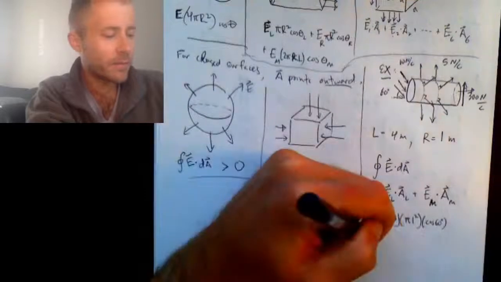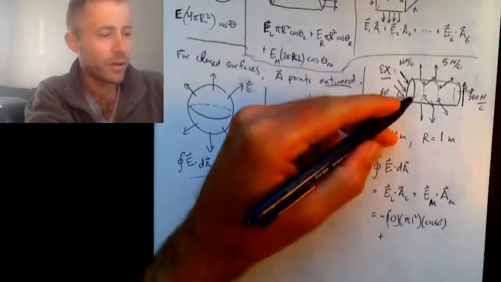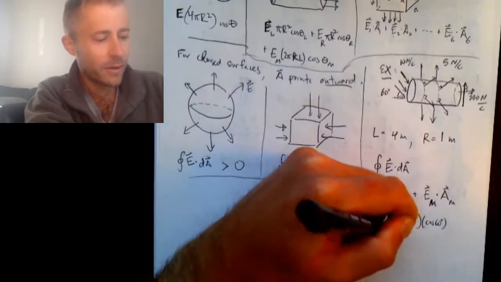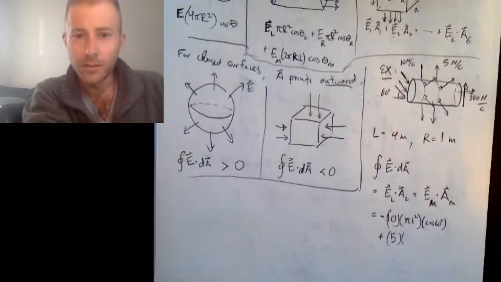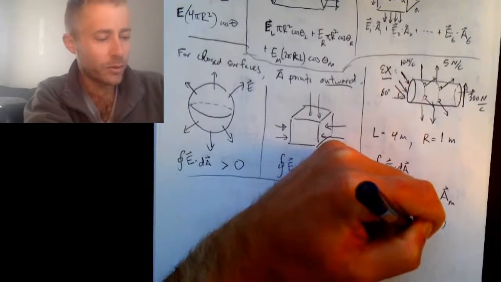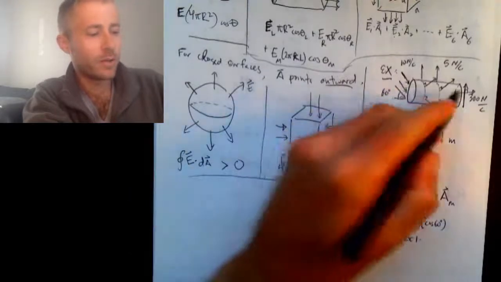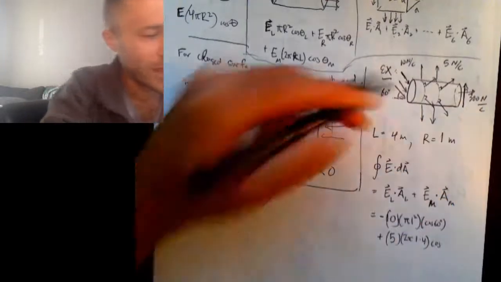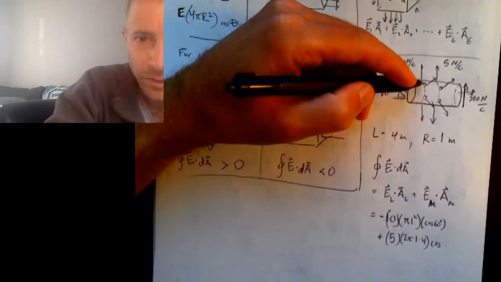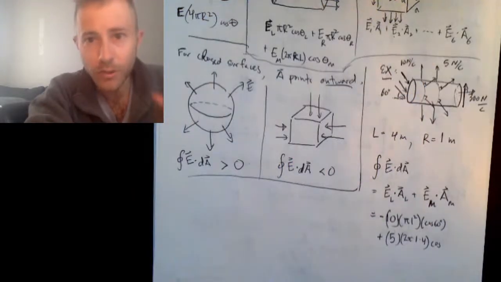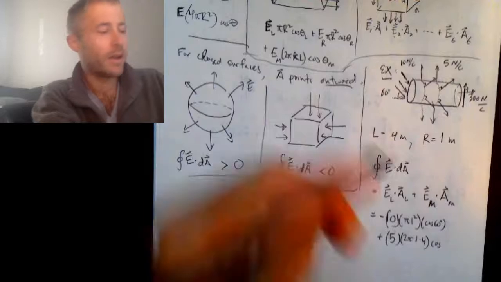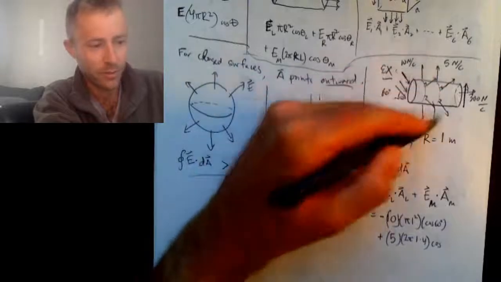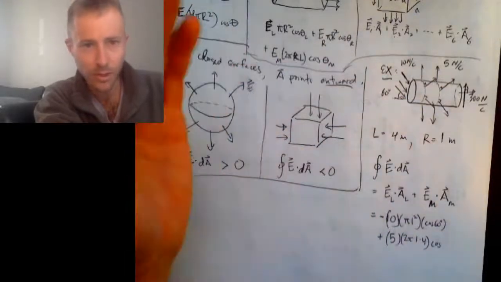Through the middle side, I have a positive flux. And so the size of the electric field is 5. The area is 2 pi r, which is 1, times L, the length is 4 meters, times cosine of the angle between the area and the electric field. Now remember, the area vector points perpendicular to the surface, and the electric field also points perpendicular to the surface, as I said, in this particular case.